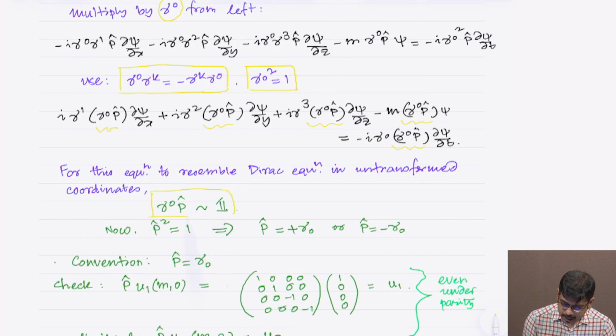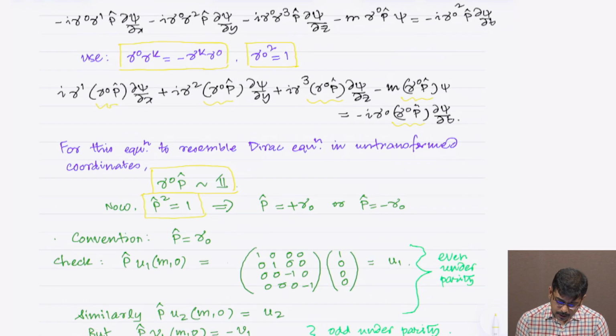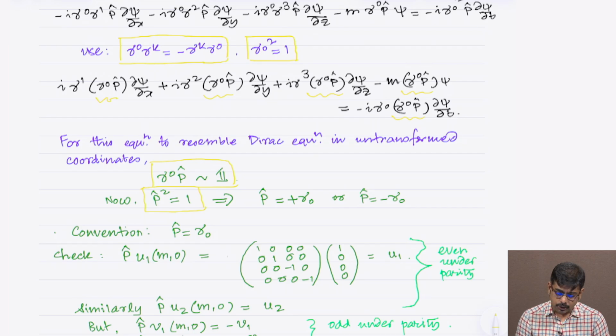We also already know that P square must be equal to 1, the identity matrix, because parity transformation twice brings you back to the same position. Therefore, I have the option of choosing the parity operator to be either gamma 0 or minus gamma 0 to act on the Dirac spinors.